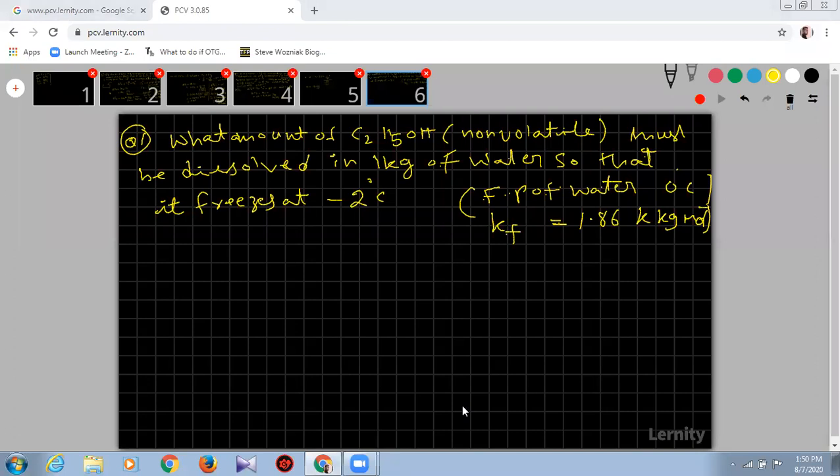Rudra 15. Oh yes, this one 50 gram approximately. Yes. Okay, ma'am. Okay. Now I'll try, only for the substitution of data, like the elevation in boiling point.